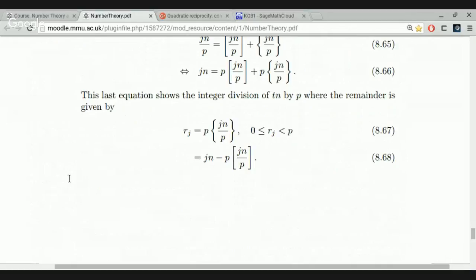Another way to express the remainder is the original number, jn, minus whatever the quotient is times p. It's just another way of looking at the remainder term that comes out after integer division. It's the original number minus the quotient times the number you were dividing by. So rj we can express as jn minus p times the floor of jn over p.